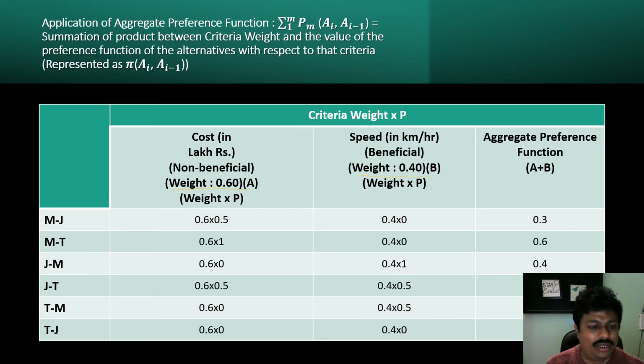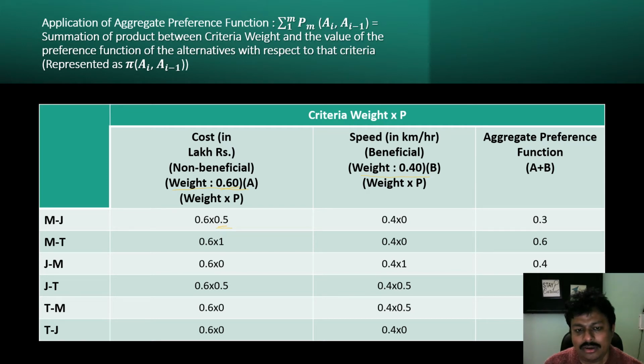So what we do is we multiply the weightage of criteria with the value we get in the preference matrix, that is, the earlier matrix. You see in the earlier matrix, m minus j was 0.5. So we just multiply the weightage of the criteria cost with that preference value.